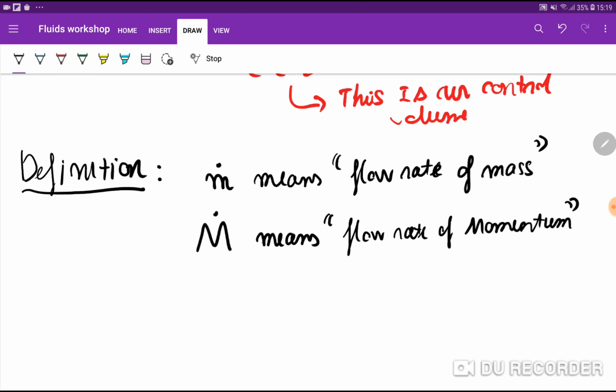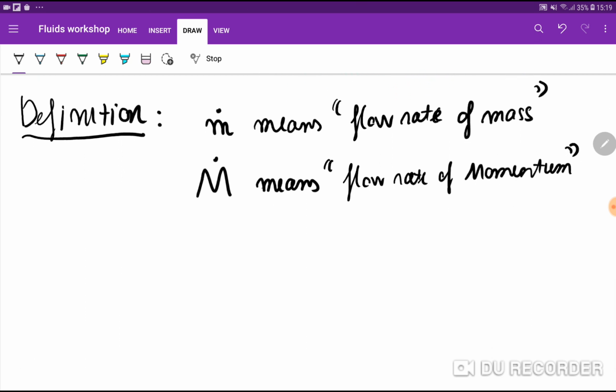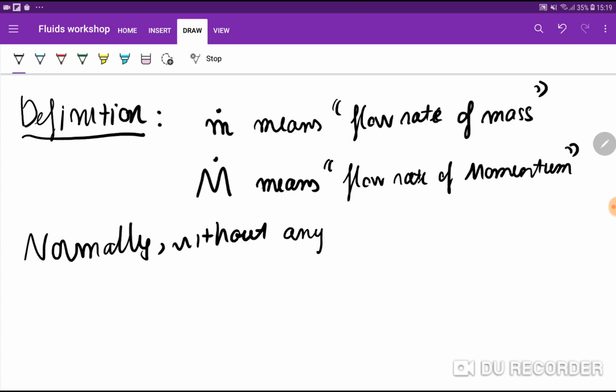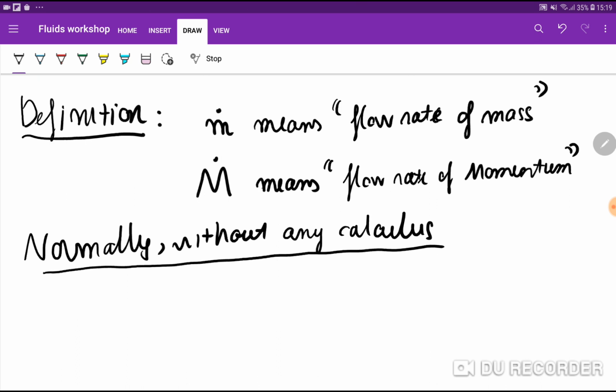So how do you calculate m dot and capital M dot? The first case is before calculus was invented. Maybe you encountered this one in your introduction to physics class, if you took it in high school or in college. So let me write it without any calculus. Your m dot is going to be rho times the volumetric flow rate, capital V dot.